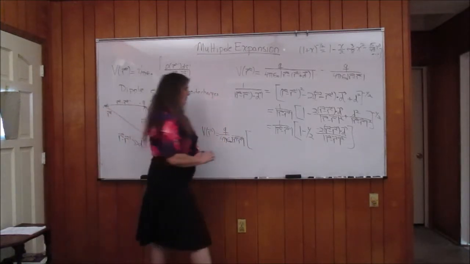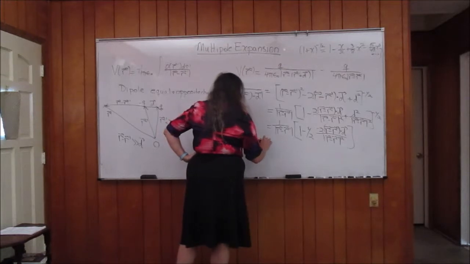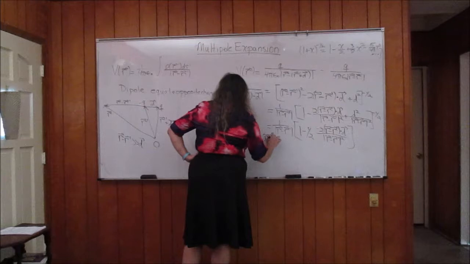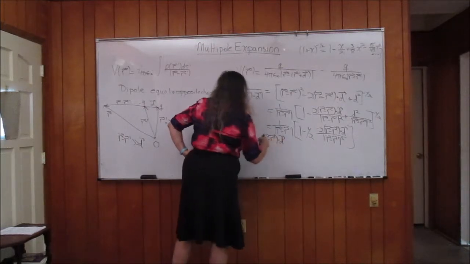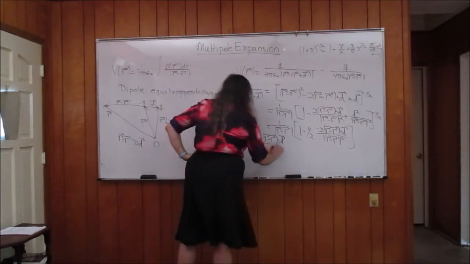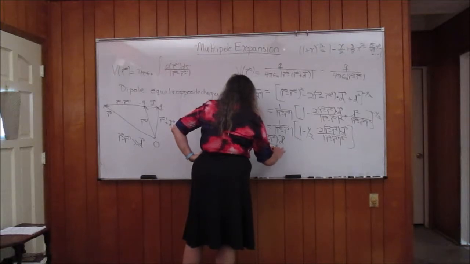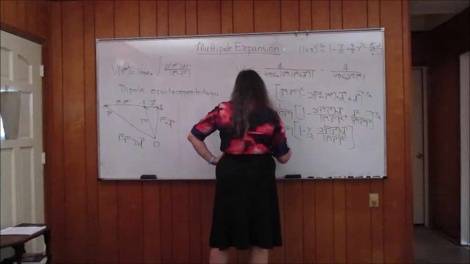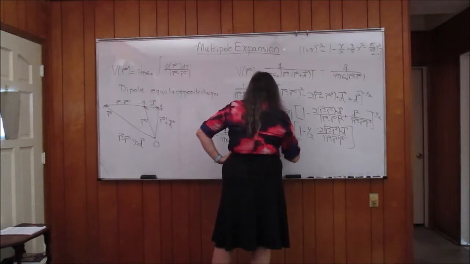So in the first case, this is going to be 1 minus, 1 plus r minus r prime dot d over r minus r prime squared. And then I have minus 1 as well.